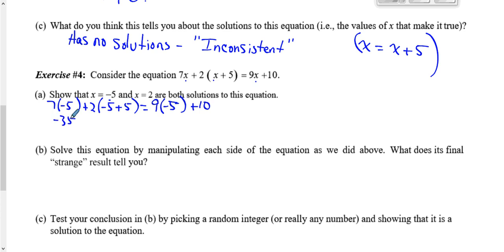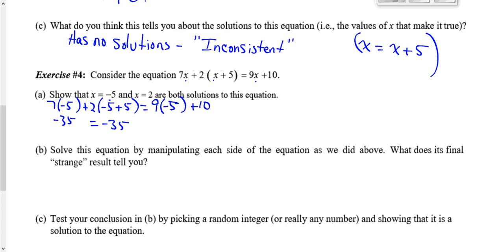What's negative 5 plus 5? 0. 2 times 0 is 0, so that's gone. So equals negative 45. What's negative 45 plus 10? Negative 35. You guys got to practice thinking about the left side of the number line.